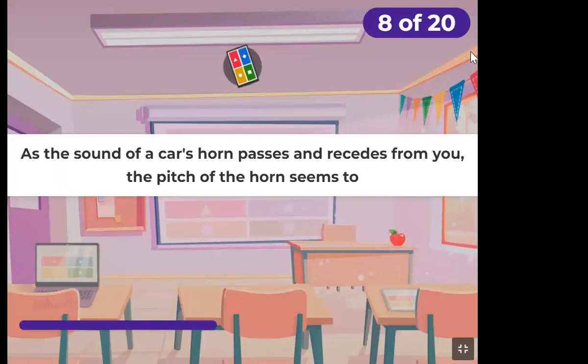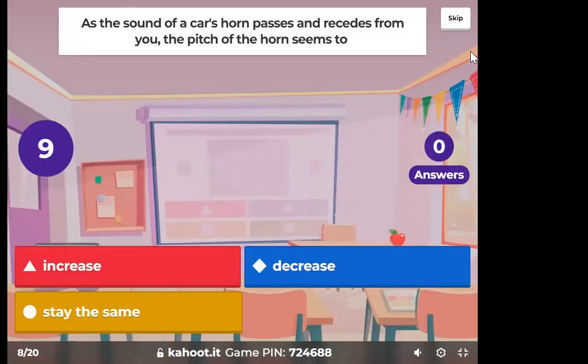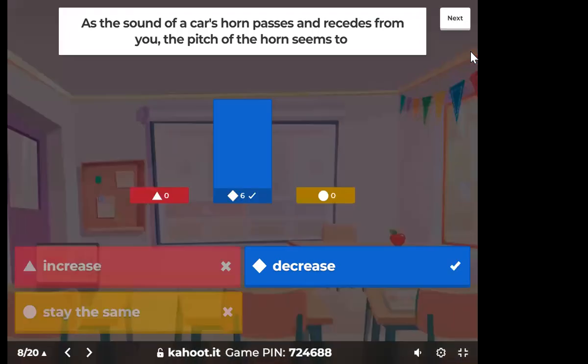The sound of a car's horn passes and recedes away from you. The pitch seems to decrease. There's the Doppler shift right there.